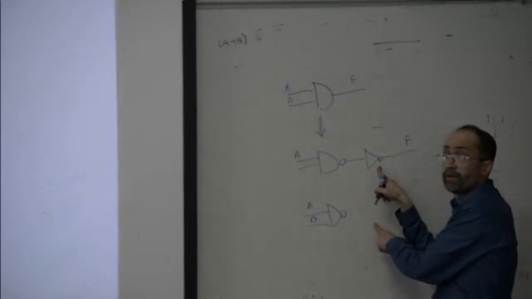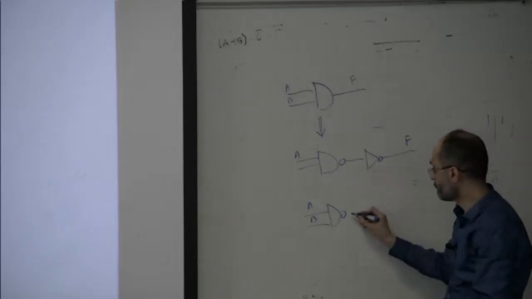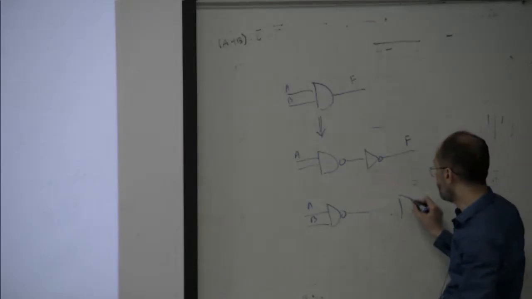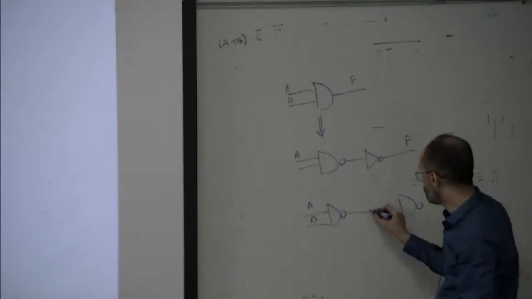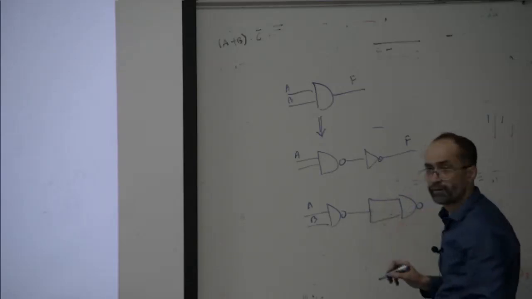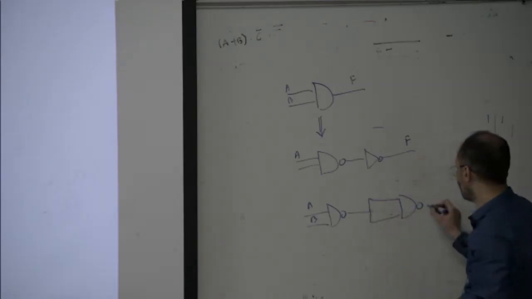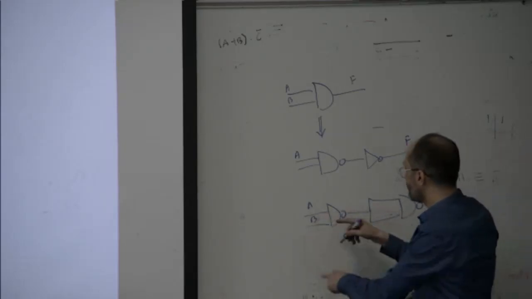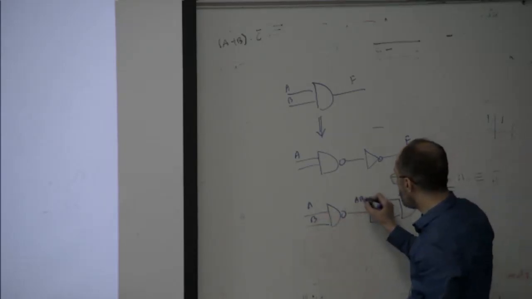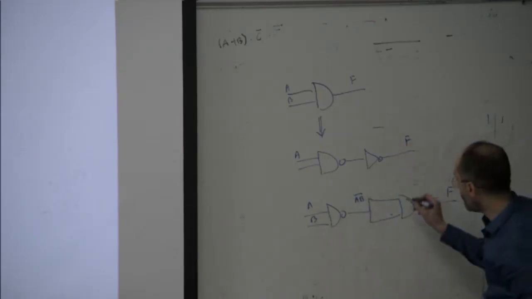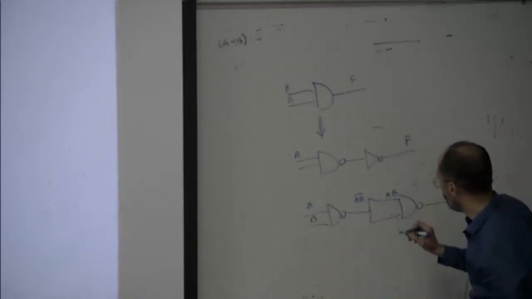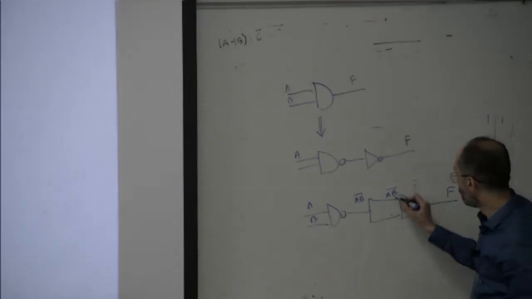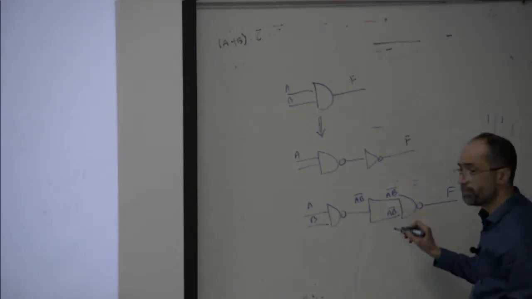And now how can we implement an inverter using a NAND gate? Use another NAND gate, and the two inputs are the same, and this is F. So now what is this? AB whole bar, and then AB whole bar.